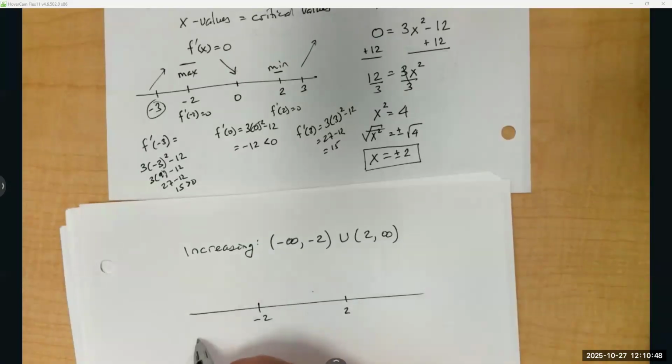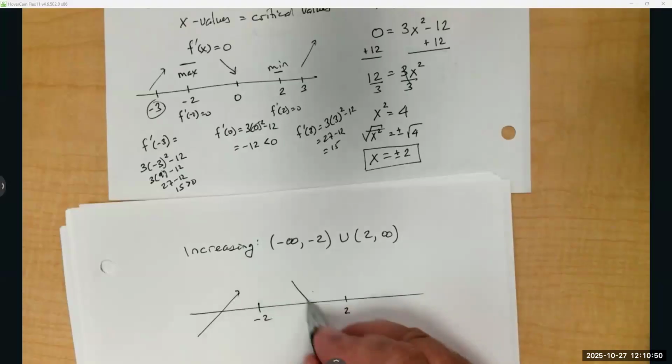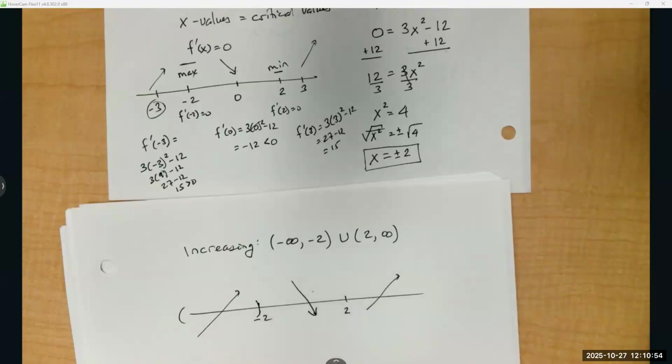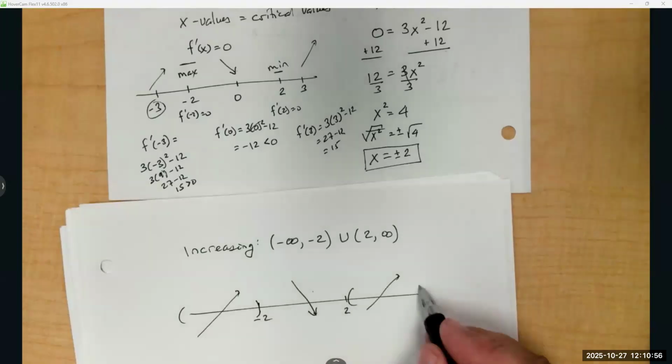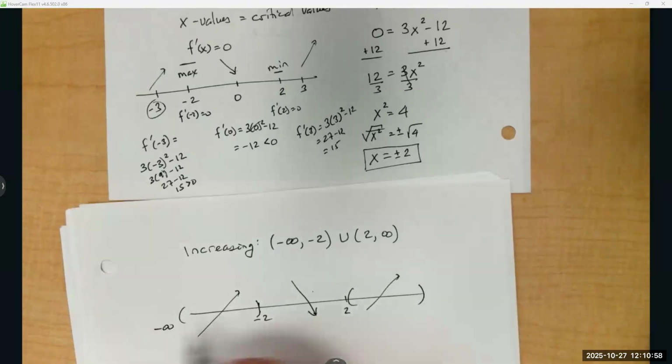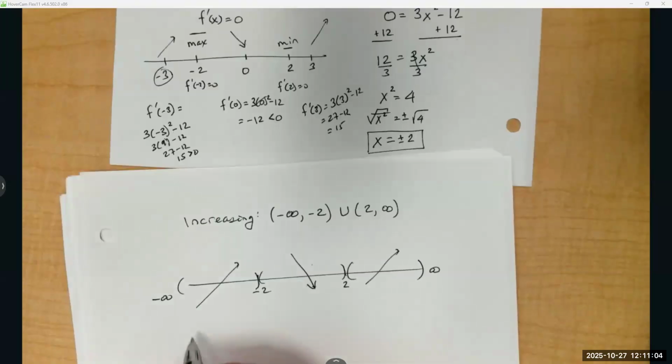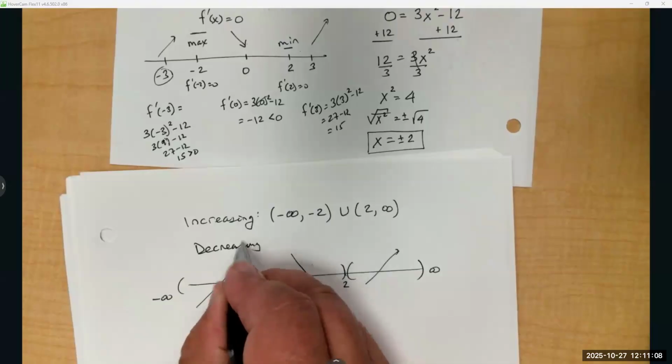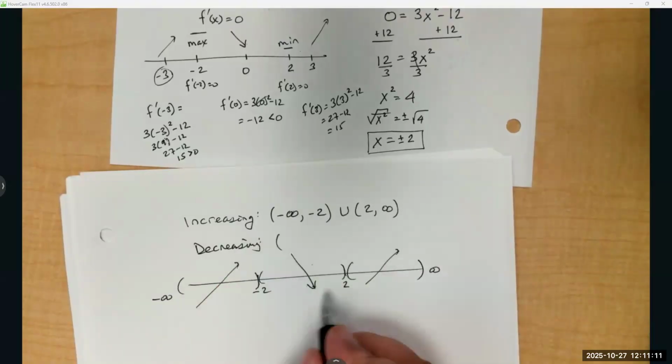We know that here it's increasing, here it's decreasing, and here it's increasing. So this interval's increasing, this interval's increasing, and this interval is decreasing. It's decreasing between -2 and 2.